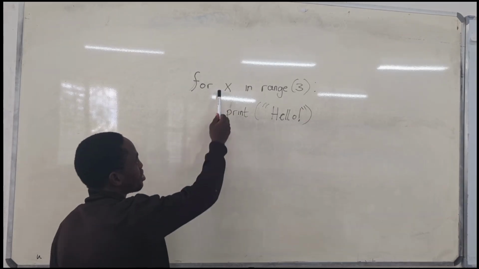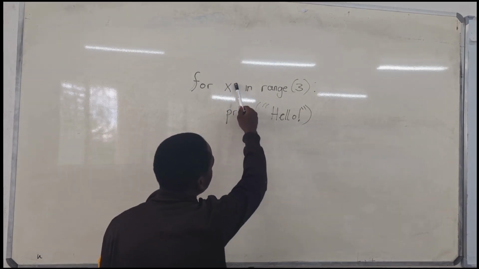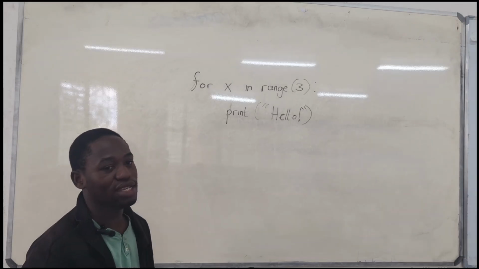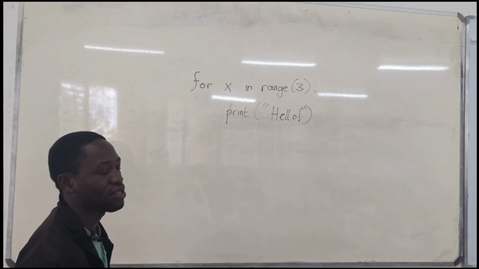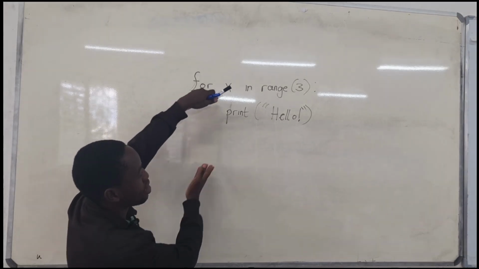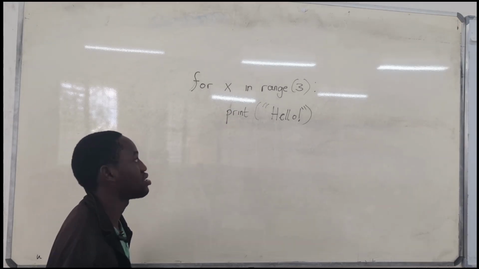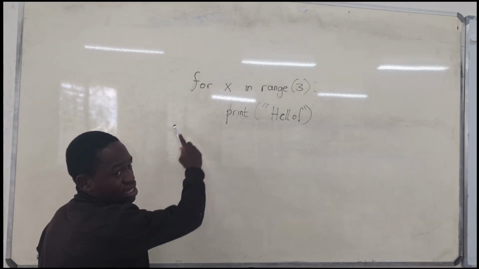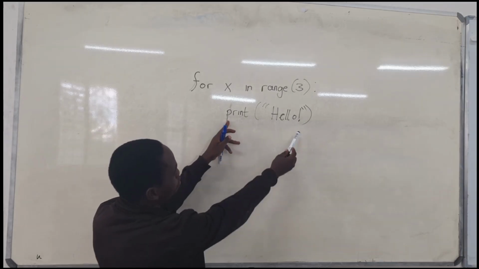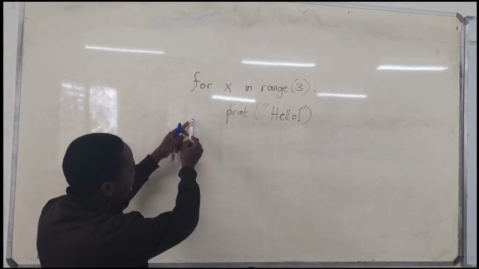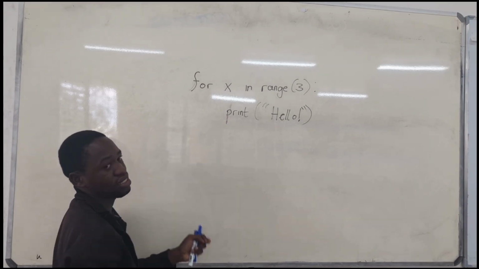Then this X is just the counter that will be holding the number of times we have executed the code that's under this for loop. And the code that's under the for loop is indicated by the indentation. If you were to write this print statement starting on the same line as this, then it is not under this.